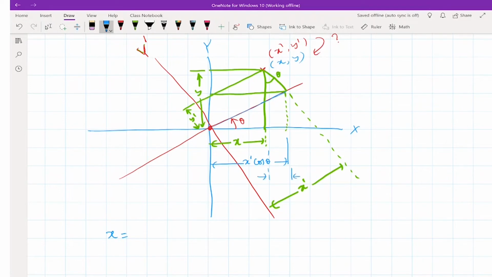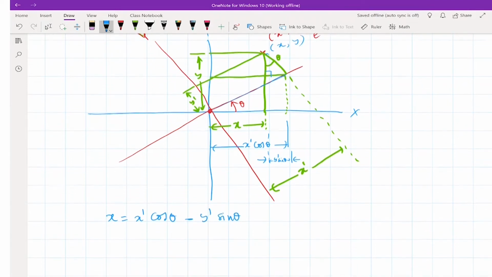Look here, this is the diagonal of this right-angled triangle, so this would be equal to y prime sine theta, correct? So your x is equal to x prime cos theta minus y prime sine theta.